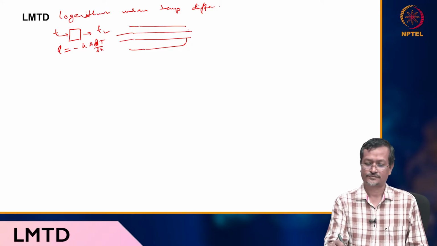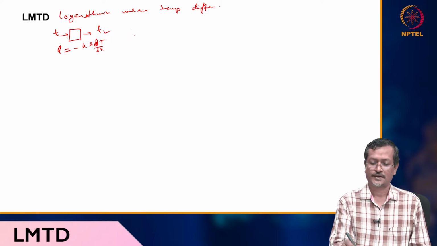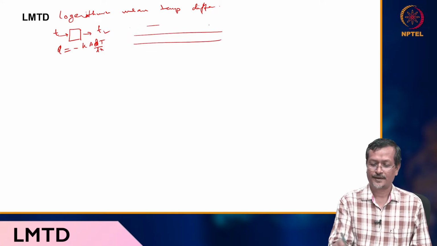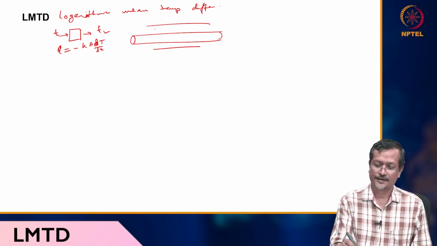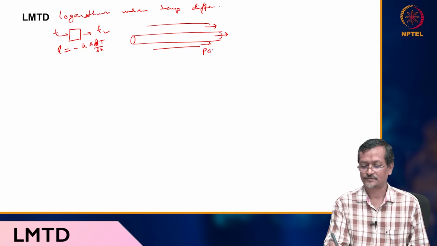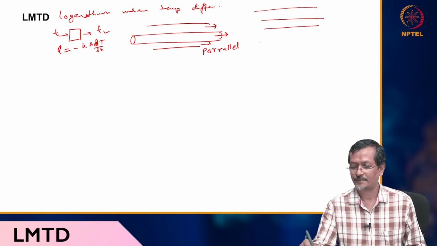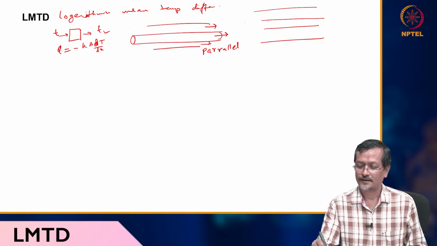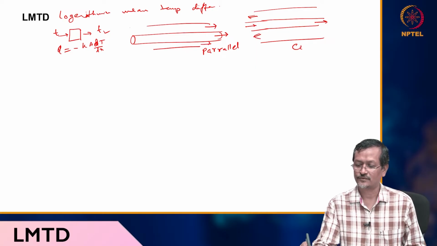Let's say I have one pipe over another pipe, with this direction flow and this direction flow. This is parallel flow. In the other case, I have an inner pipe and an outer pipe. The inner pipe flows like this, the outer pipe flows opposite. This is counter flow.